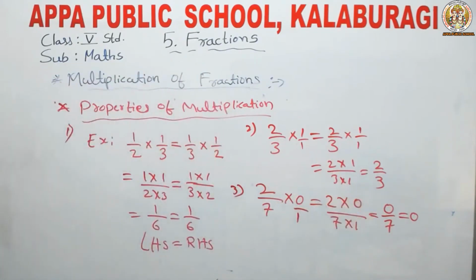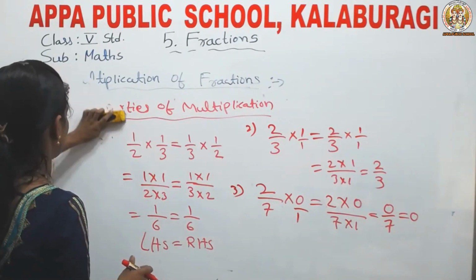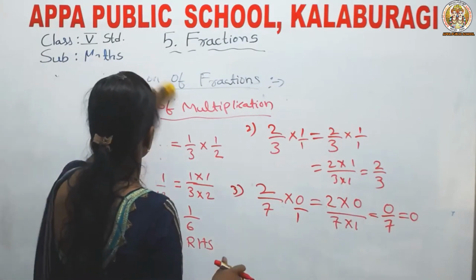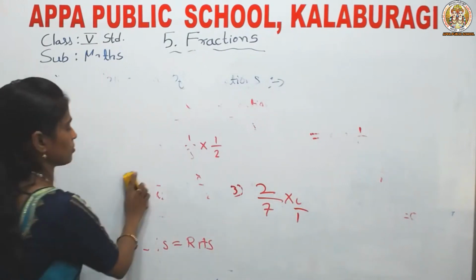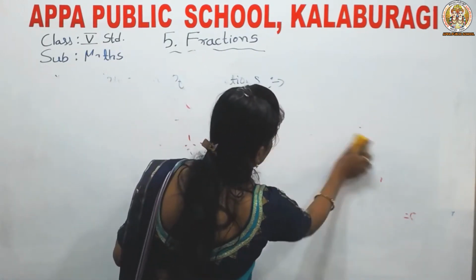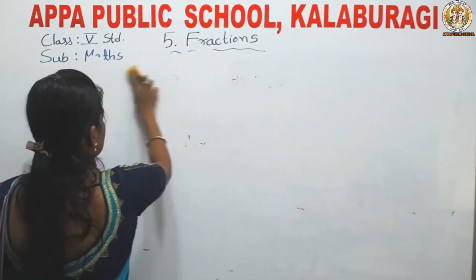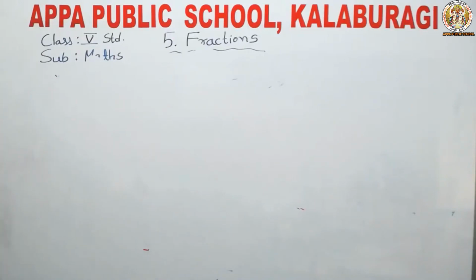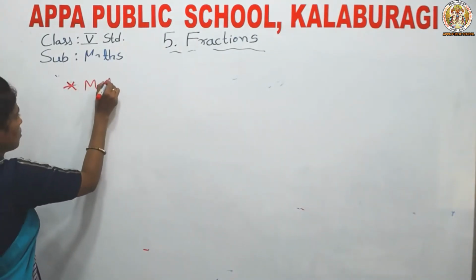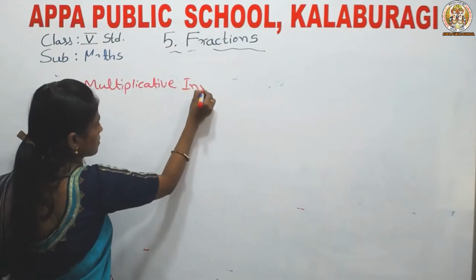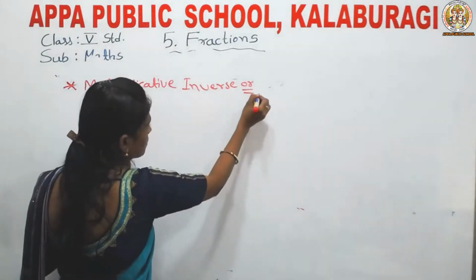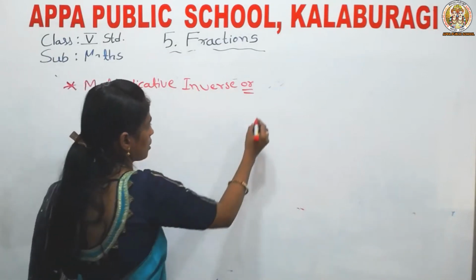Next is multiplicative inverse. Multiplicative inverse is also called reciprocal.